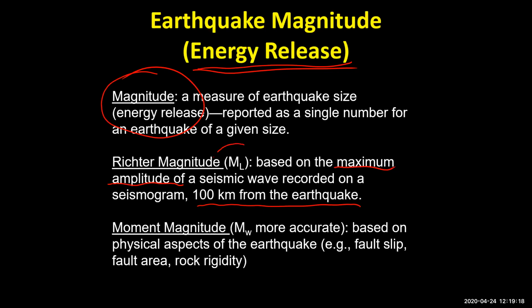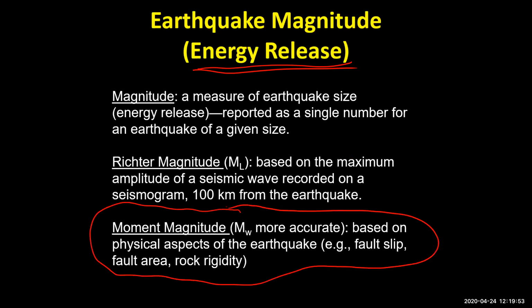Typically in the scientific literature, Richter magnitude is represented with a capital M and then a subscript L. L stands for local in this case because Richter's original magnitude scale was only meant for Southern California earthquakes, and it was only subsequently that it was applied to earthquakes around the world. Nowadays, though, since roughly the 1970s, we have better earthquake magnitude scales than Richter's original scale, and the best one nowadays is what's known as the moment magnitude scale.